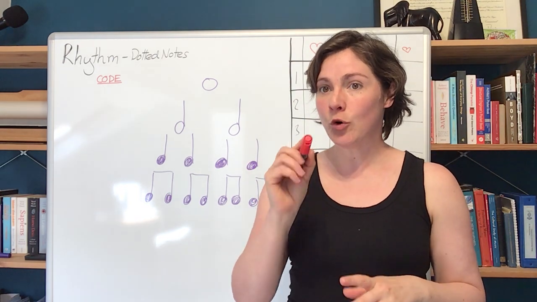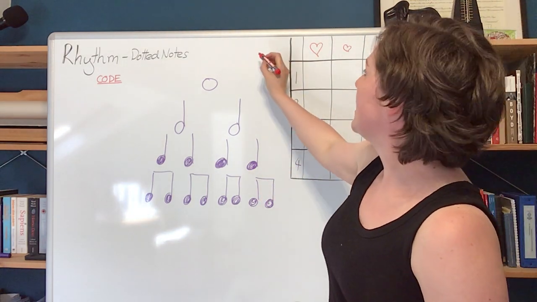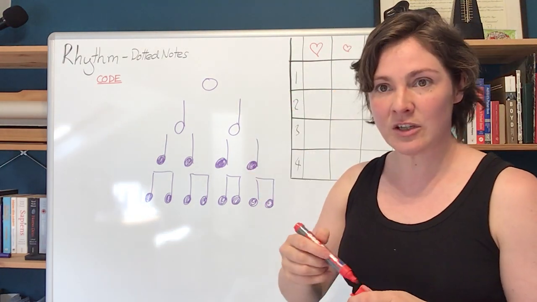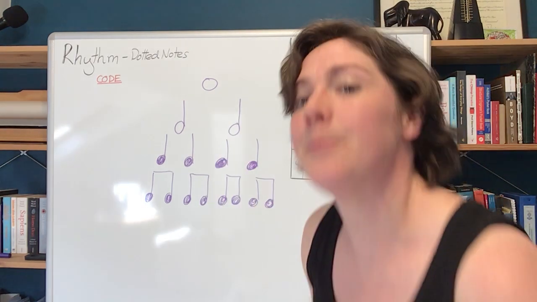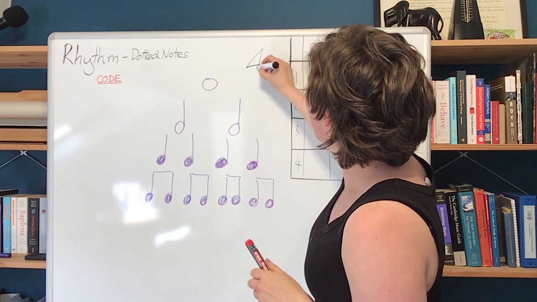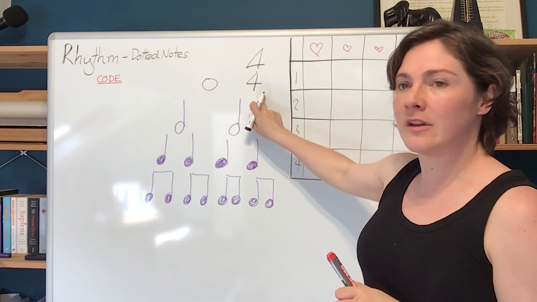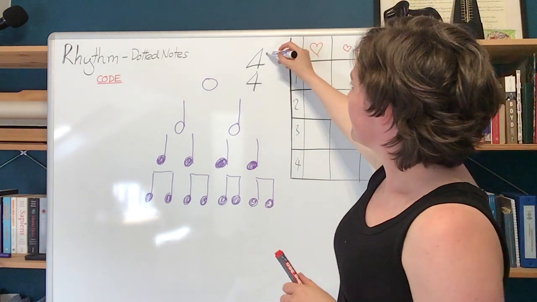But before we do that, there was something that we haven't mentioned when we've talked about time signatures. The time signature that I'm going to be using today is 4/4, and I've said that the top number means 4 beats.